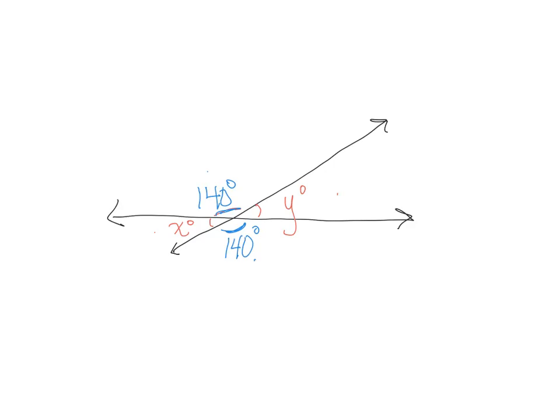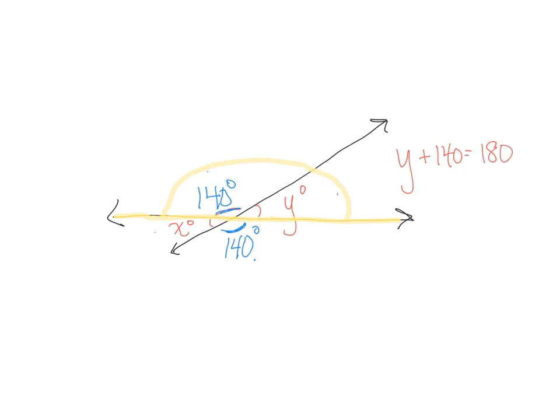And then from here, I'd say, well, how can I find them? Well, probably the easiest way would be to notice that this straight line here would be a straight angle. And so from here to here would be 180 degrees. So that means that y plus 140 should equal 180.